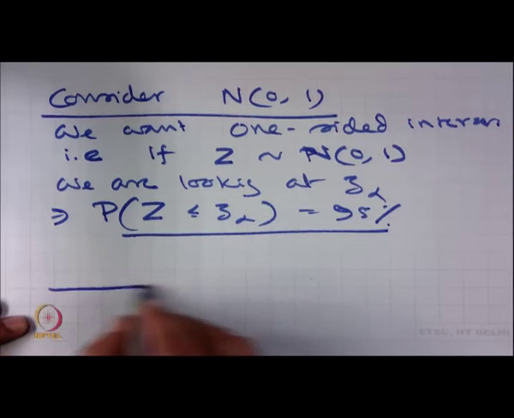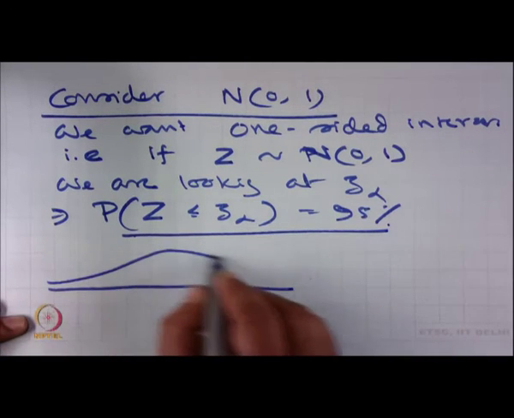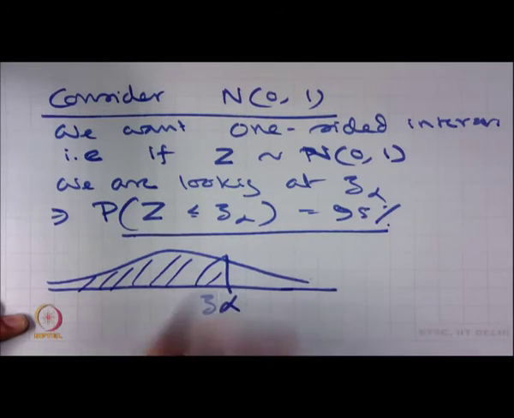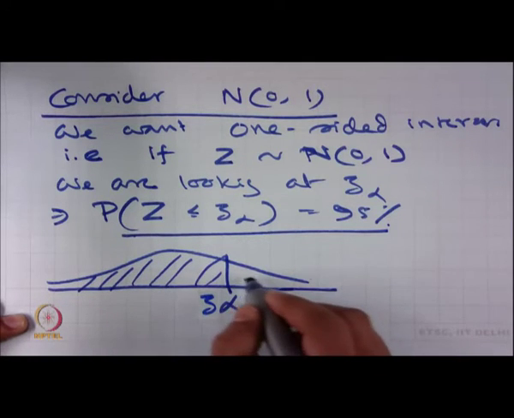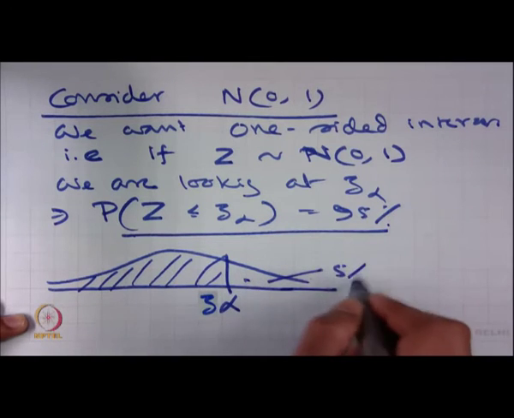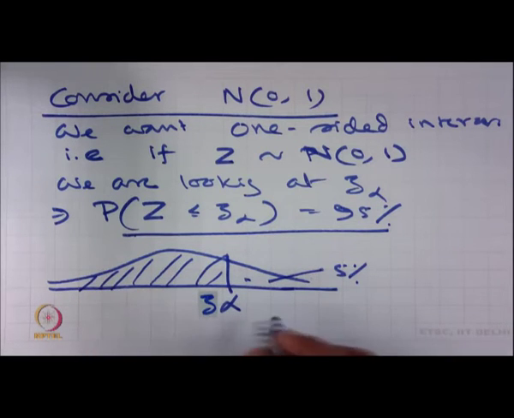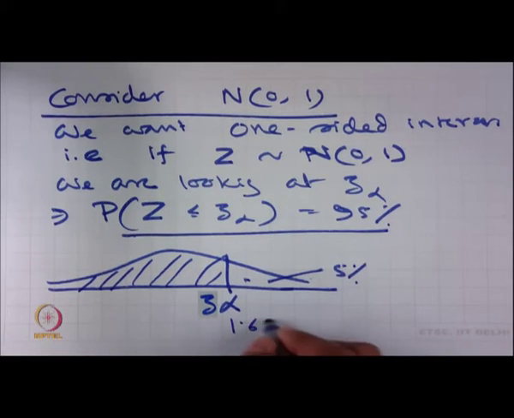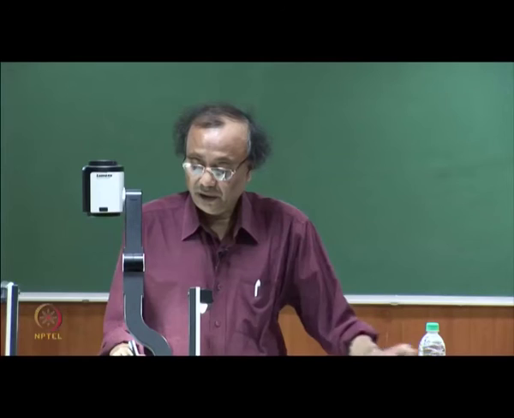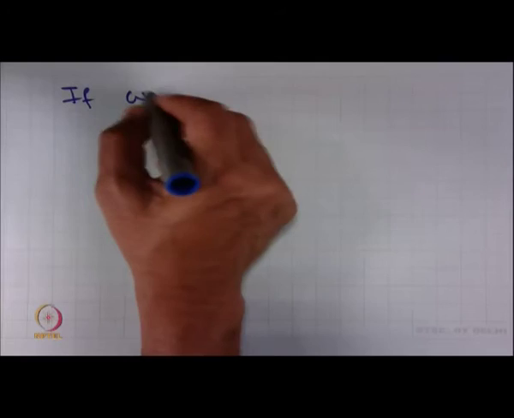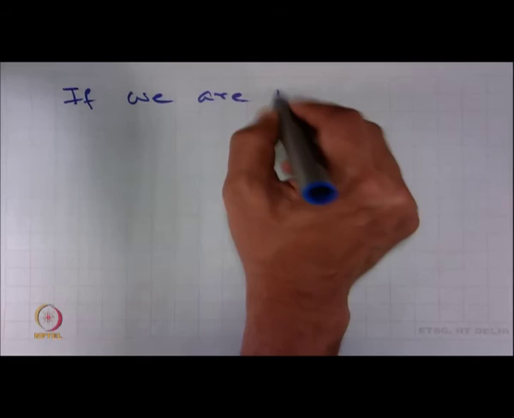In other words, if it is a normal curve, we are looking at z alpha such that this area is 95%, that is this area is 5%. These are called one sided intervals, and for normal 0 1 at 95%, this value is 1.64.